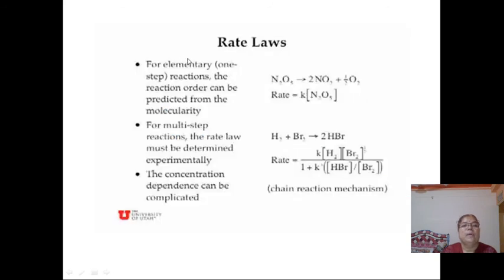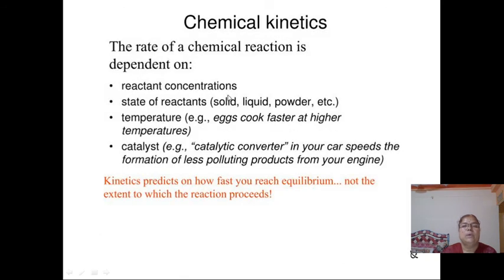So for the rate laws of elementary reactions, the reaction rate can be predicted from the molecularity, and in case of multi-step reactions, the rate law must be determined experimentally. The concentration dependence can be complicated in case of chain reactions.